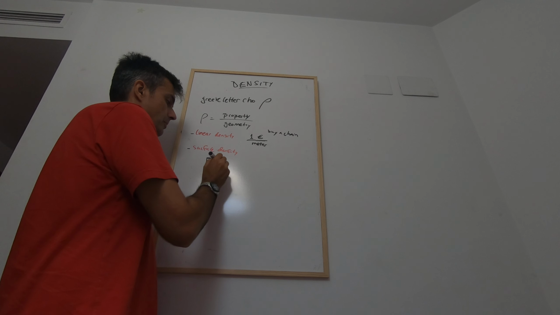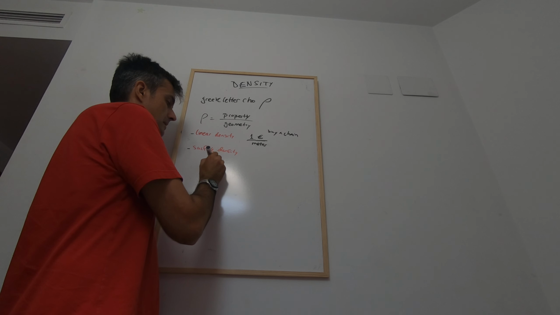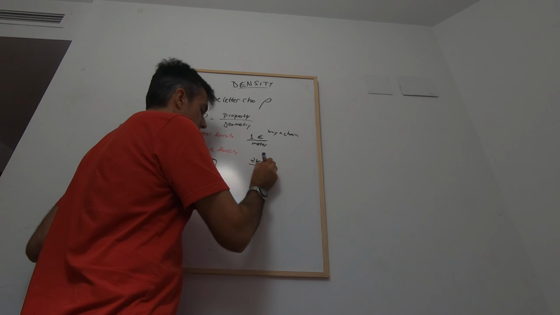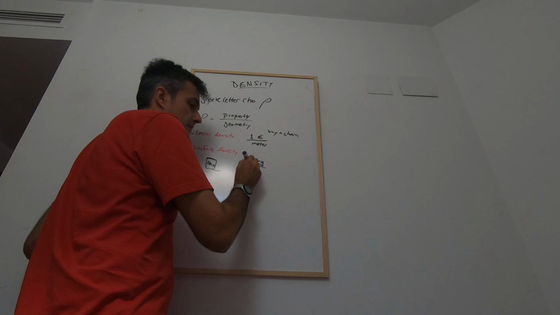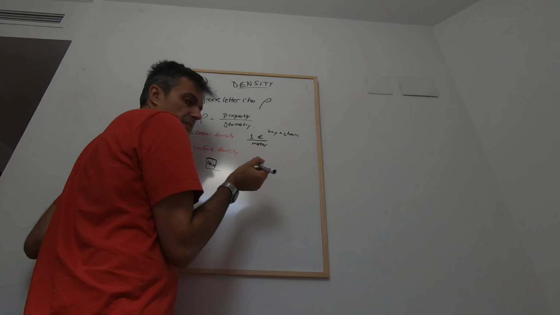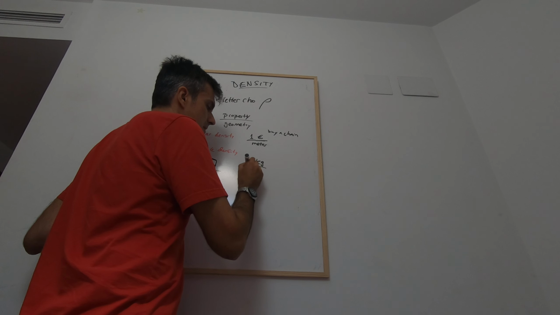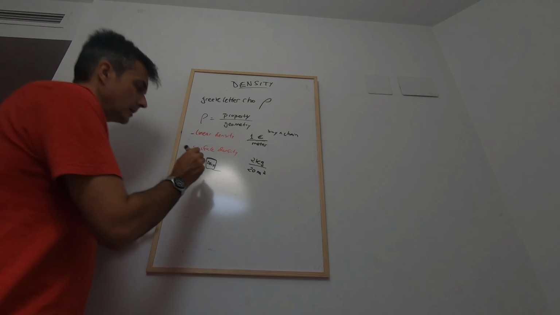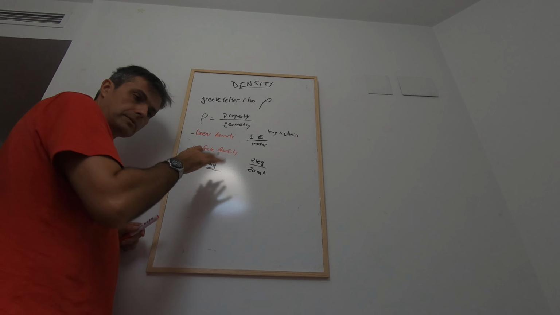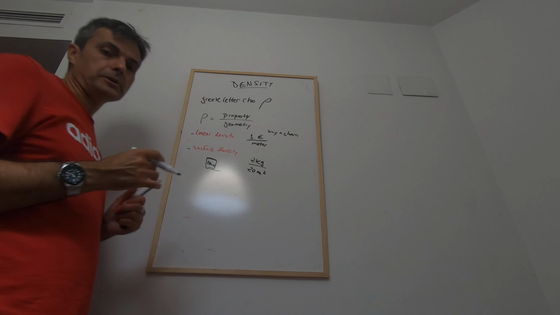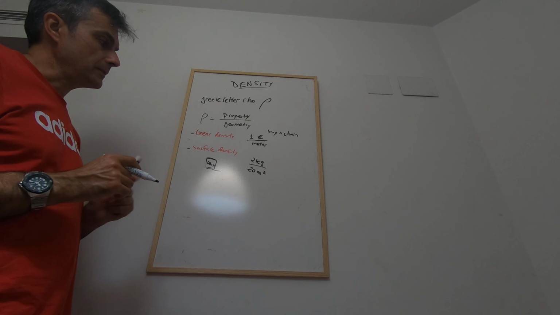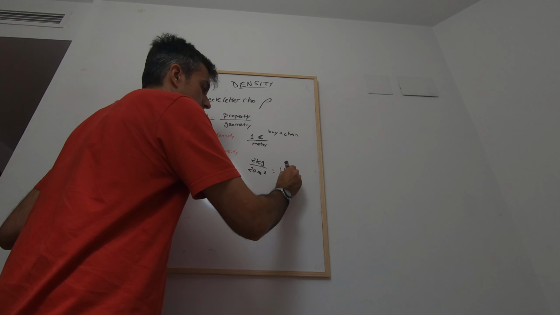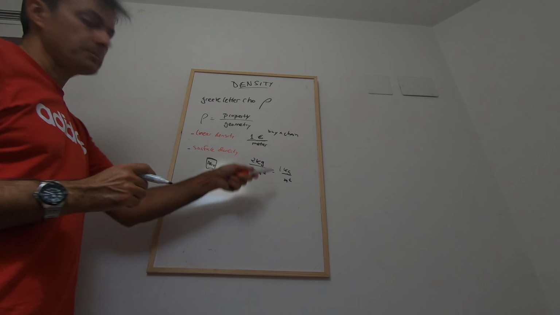You buy paint, and it says how much it weighs: I don't know, 2 kilos, for, say, 20 square meters. I am just mentioning numbers. So that would be like 1 kilo per square meter. So that's density, because you have a property and you have a geometry.